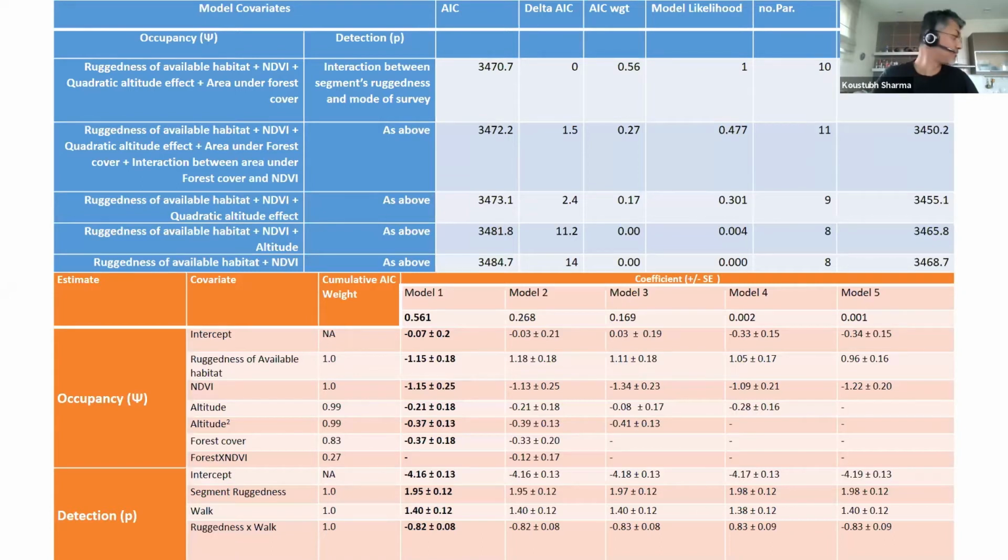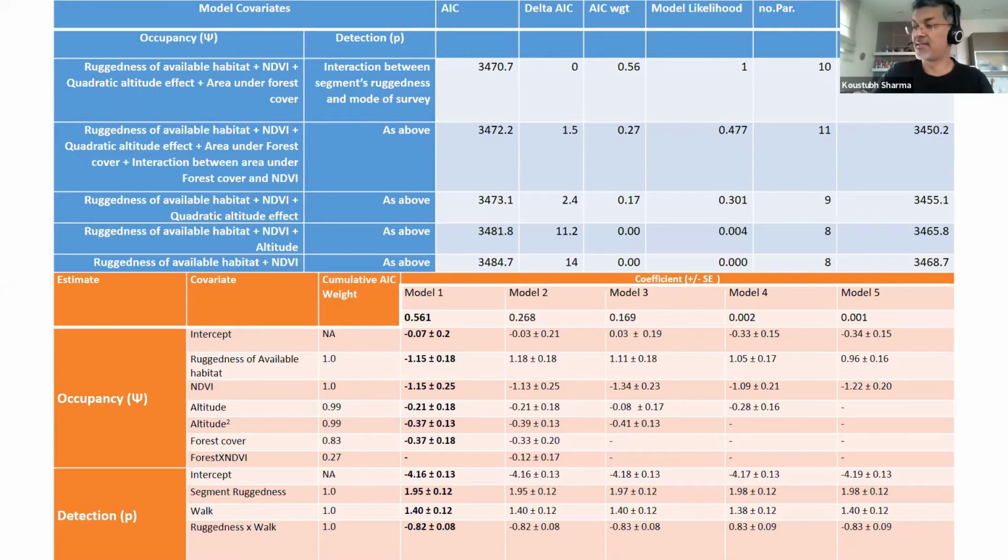Anyway, the table on top, if you look at it carefully, compares how various models performed, and we had around 27 models in this case. But you can see the model which performs best among these 27 models is the one that considers ruggedness within the sampling unit, vegetation index, effect of altitude, which is not linear.